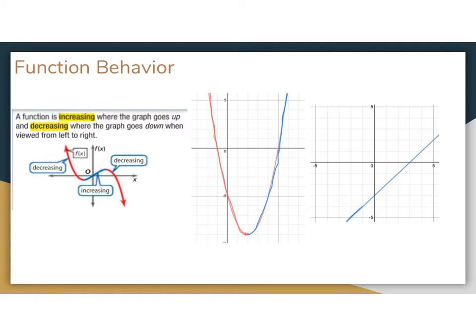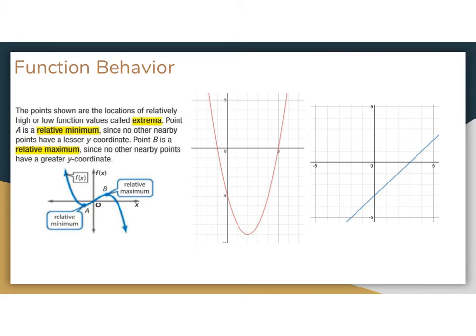The second graph is always increasing. So remember to look at it from left to right. If it is going from positive to negative as you go from left to right, then it will be decreasing. If it is going positive from left to right, then it will be increasing.